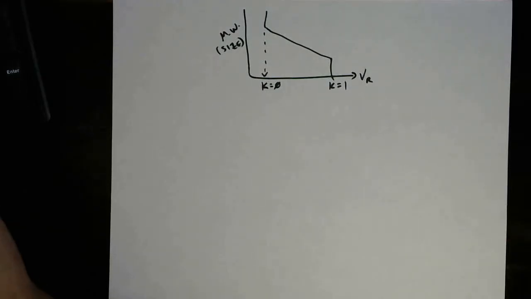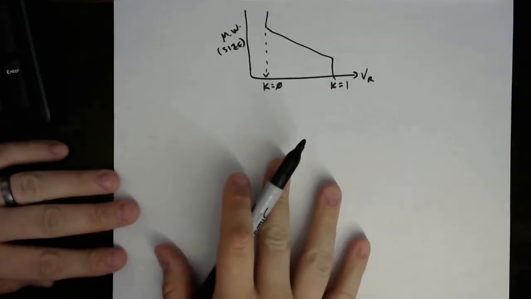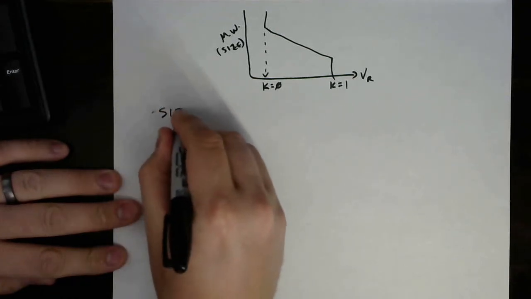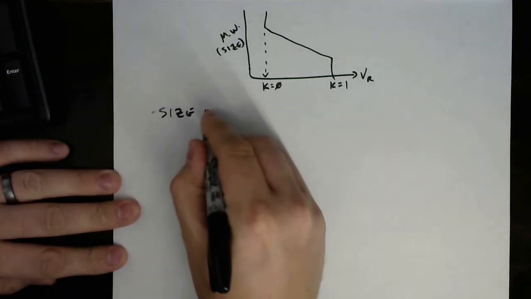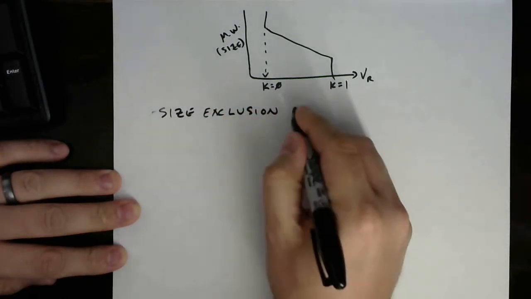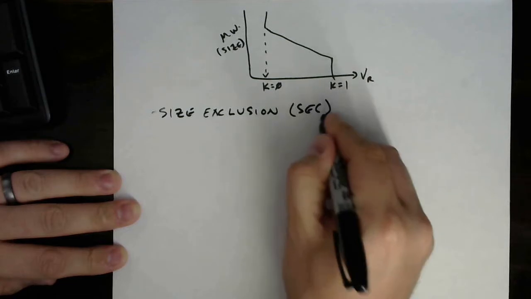Okay, so just a few more practical considerations that we're going to need to be able to dive into the literature on size exclusion chromatography. The first is that we call it size exclusion chromatography, SEC.